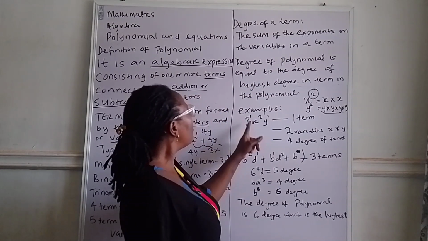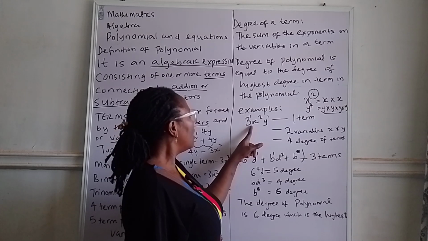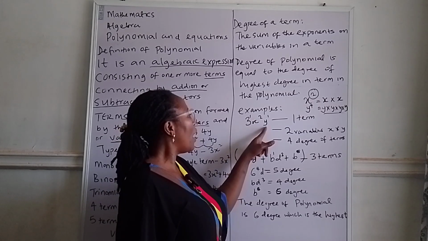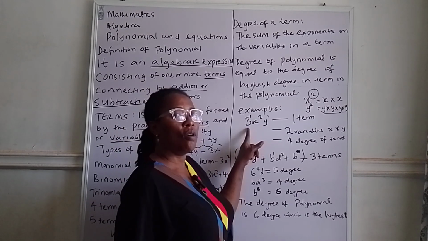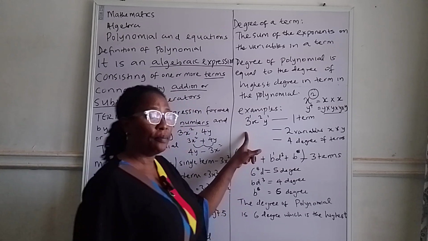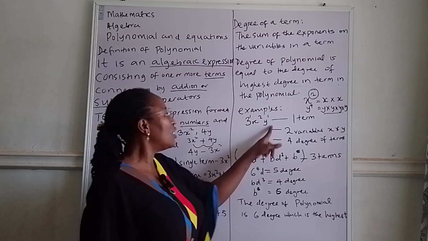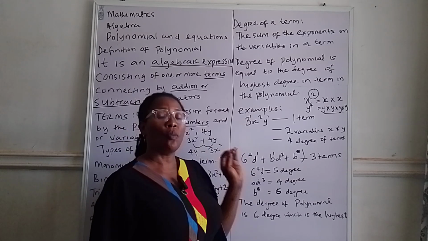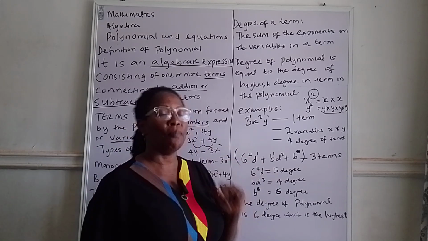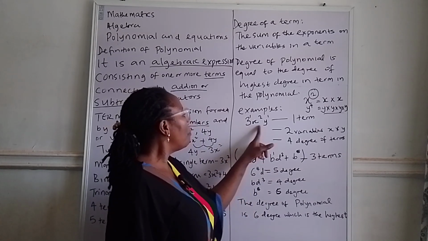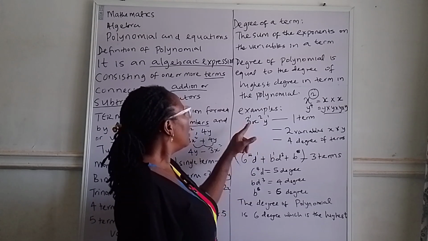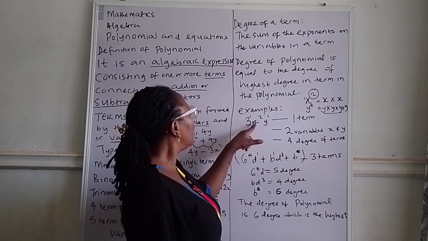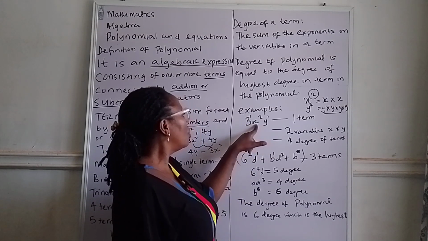So when we have a term, this is a term, 3x squared y, it is called a monomial because it has just one term. It's not connected by an addition or subtraction operator. In this term, we look at the variables.